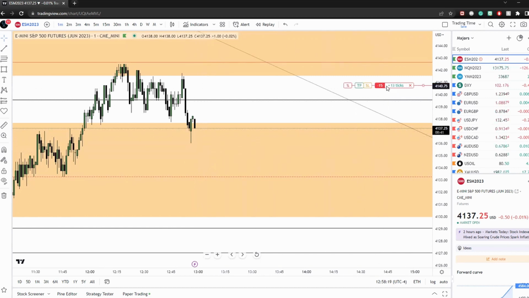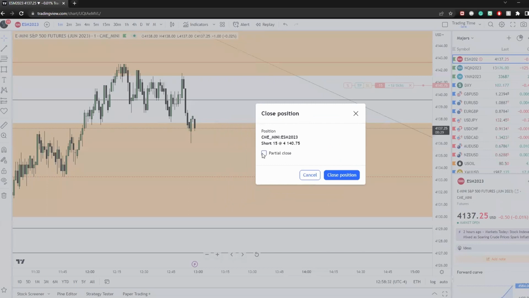So yeah, as soon as it takes its own low out, I'll just take partials here. So let's wait for that. Let's close 10.